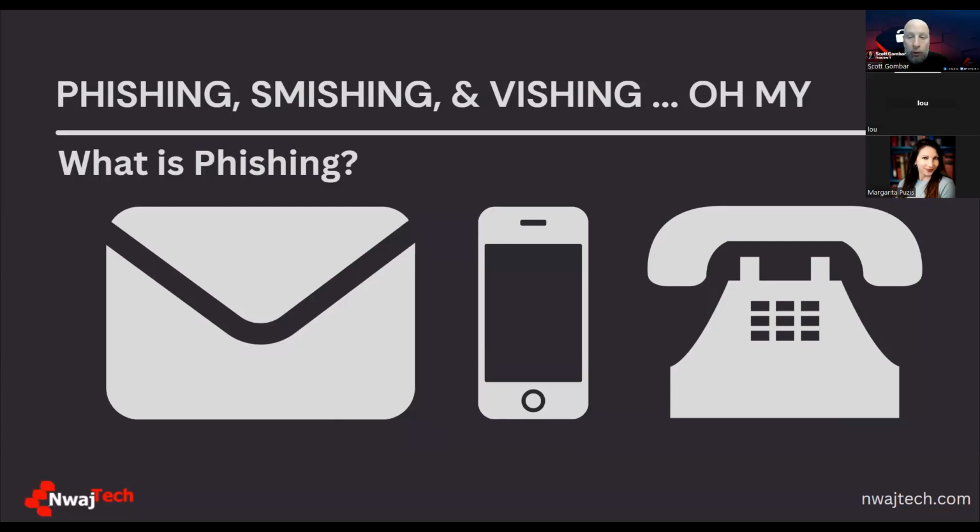In a smishing attack, individuals receive a fraudulent text message prompting them to take some action, such as clicking on a link, calling a phone number, and we're going to talk about how calling a phone number actually has a higher success rate when these things happen, or providing sensitive information. These messages often mimic legitimate organizations and create a sense of urgency or panic to manipulate the recipient into responding.